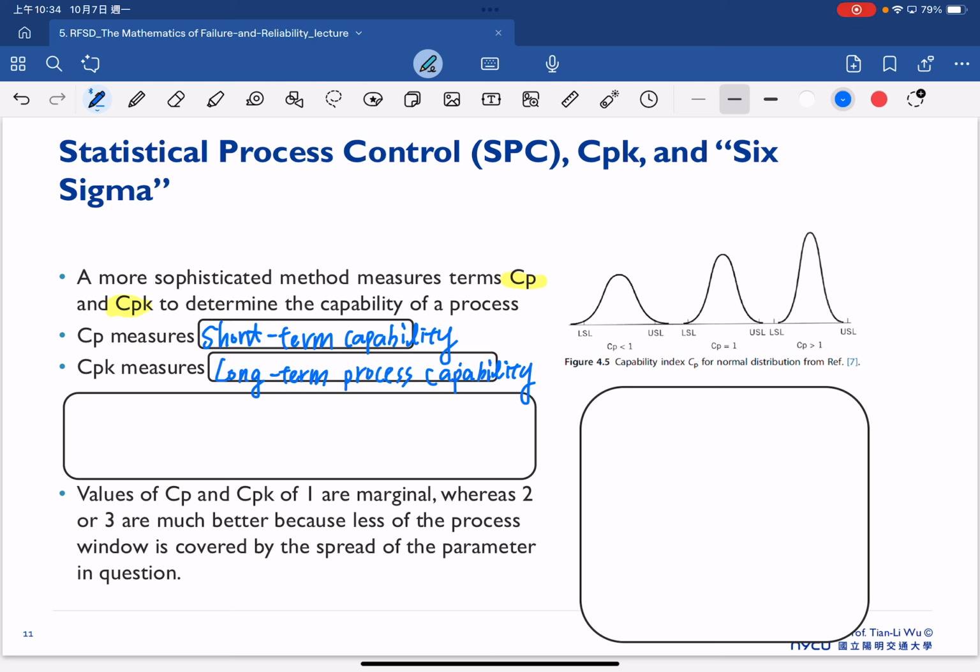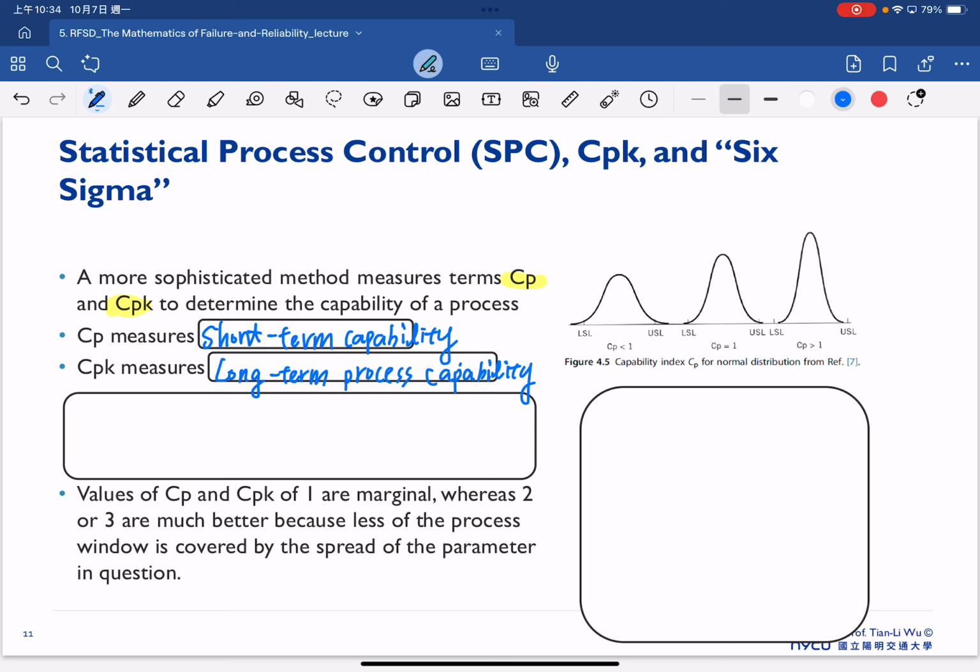So this is a narrow distribution. And there's some of the information. The value of CP and CPK of 1 are marginal, whereas 2 or 3 are much better because less of the process window is covered by the spread of a parameter. So here is some more information related to CP and CPK.